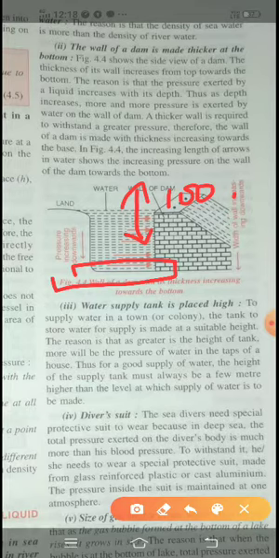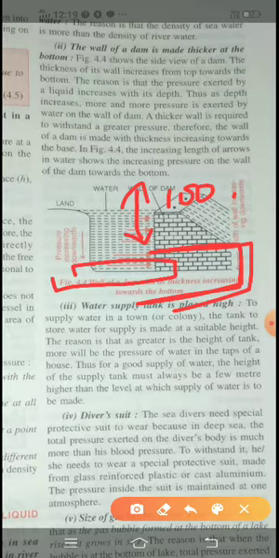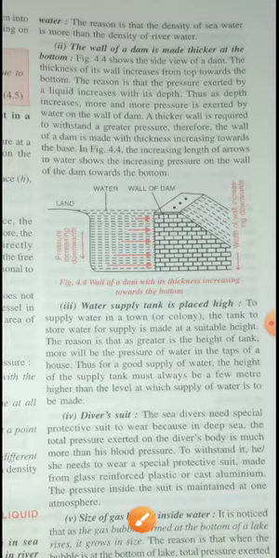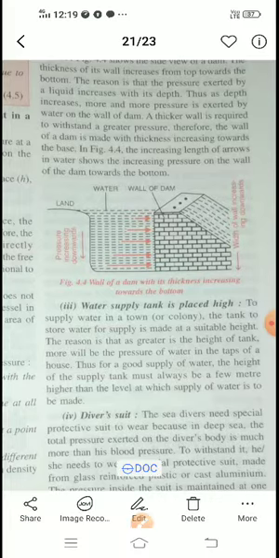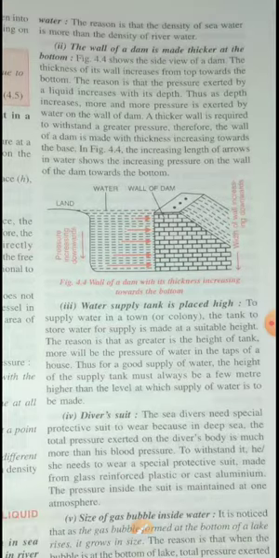Therefore I have to give a good concrete base to it, by which the water cannot gush out of it. That is why the walls of a dam are made thicker at the bottom, because the bottom layer has to withstand the entire mass above it. 100 or 1000 layers of water will be above the bottommost layer. So the side nearer to the dam must be made thicker.